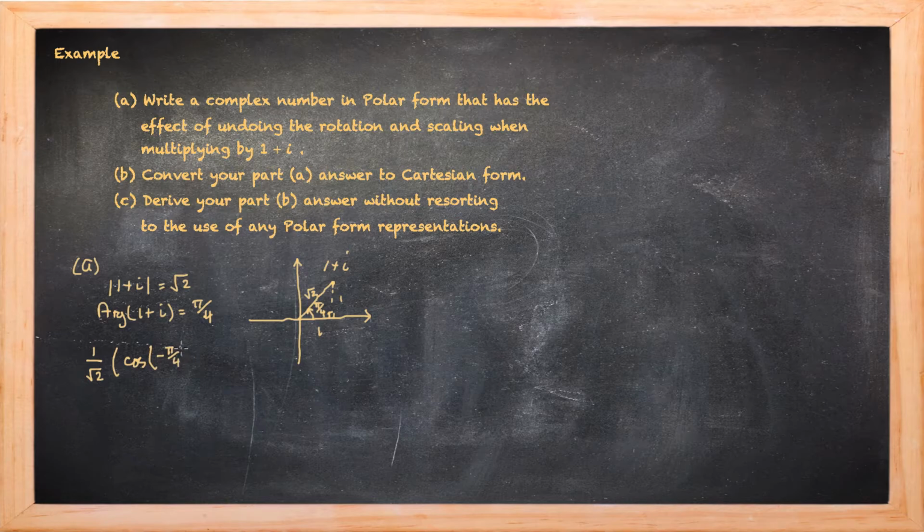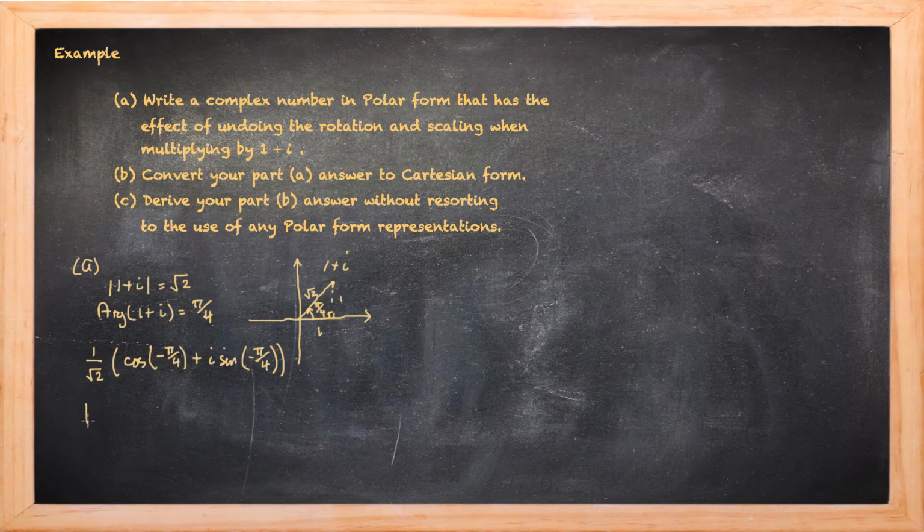That would be a clockwise rotation of pi upon 4. So that's the complex number that would undo multiplication by 1 plus i. And that's what we were asked to find in part A.